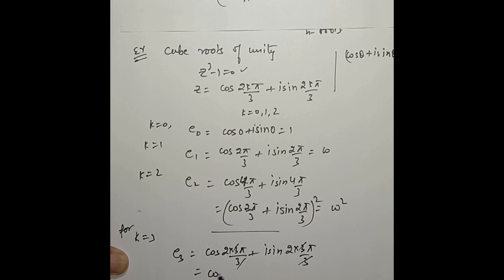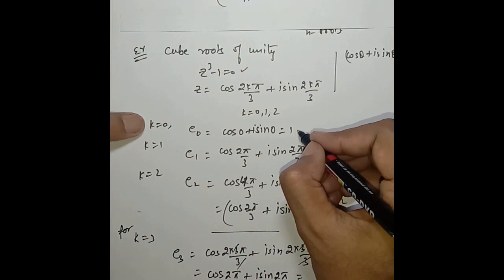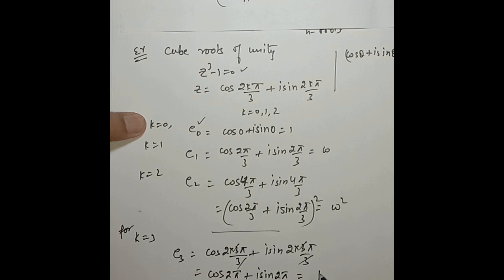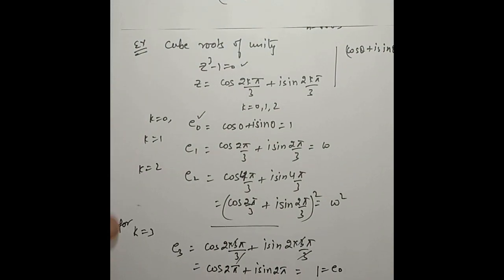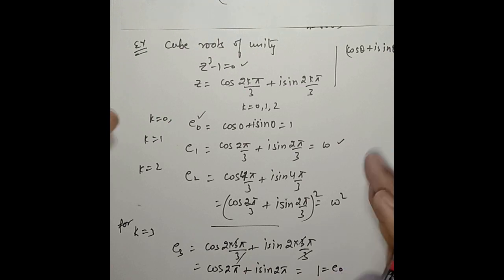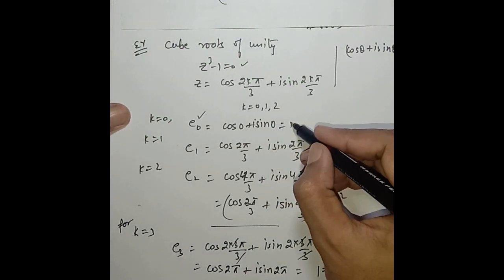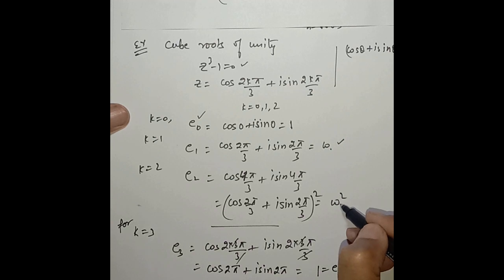We have cos 2π plus i sin 2π, and this is equal to 1. We again get e0. And if we check for k equal to 4, we get omega. If we check for k equal to 5, we get omega square. That means we have 3 unique roots: 1, omega and omega square.